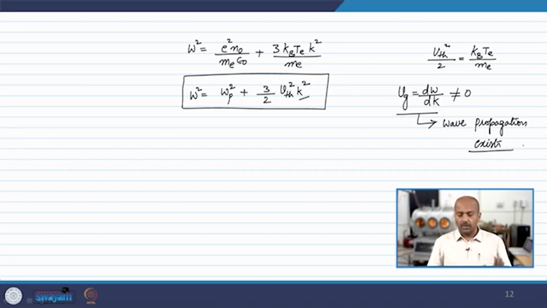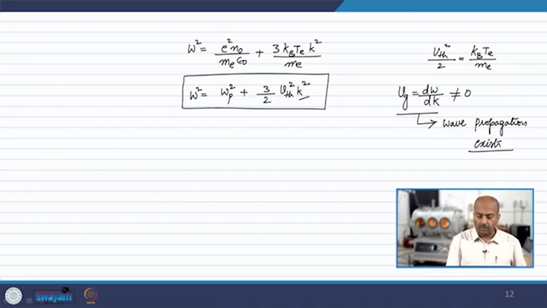Wave propagation simply exists, right. Now, let us look at the properties of this wave. So, omega square, the angular frequency of the wave, is plasma frequency plus something, right.